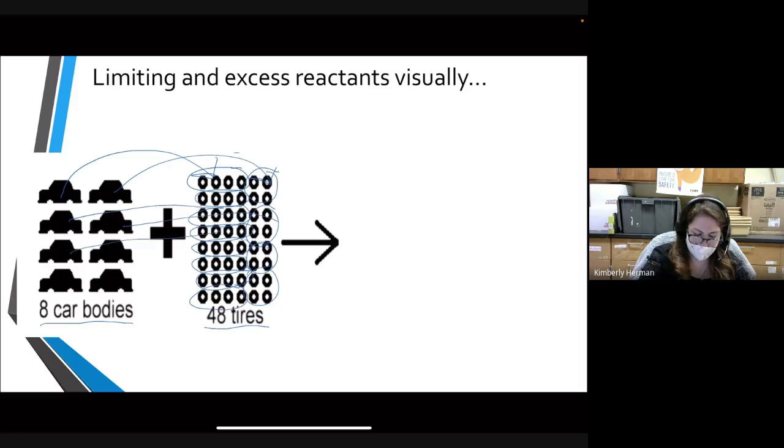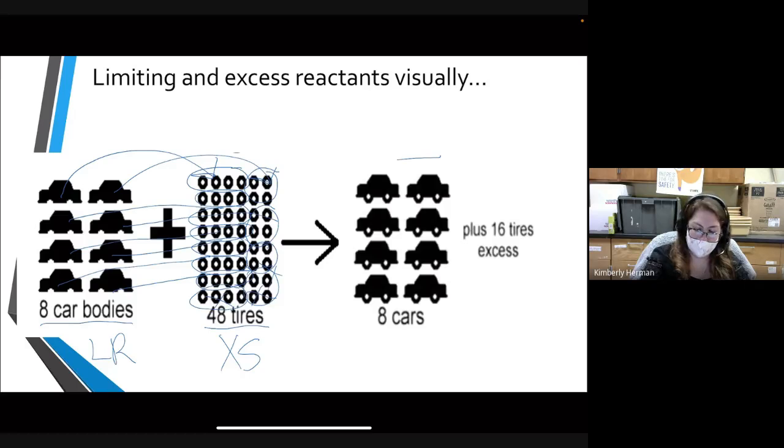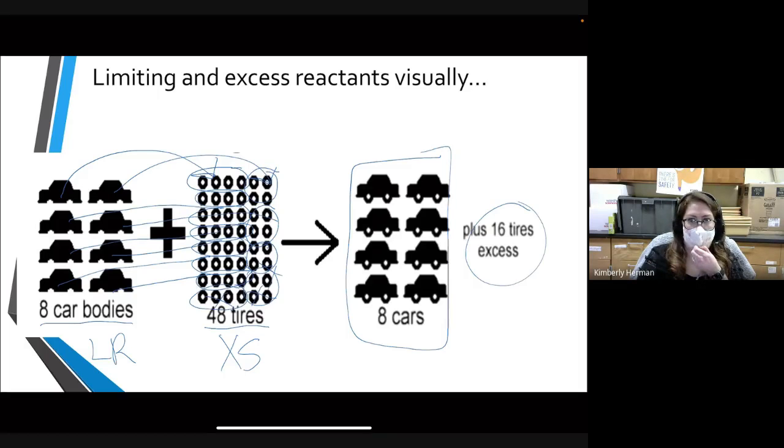We would see that our car bodies run out first. So our car bodies would be our limiter. They limit how many cars with a full 4 tires we could make, and that means our tires would be our excess because we have extra left over. So we could make 8 complete cars, and then we would have 16 tires in excess.